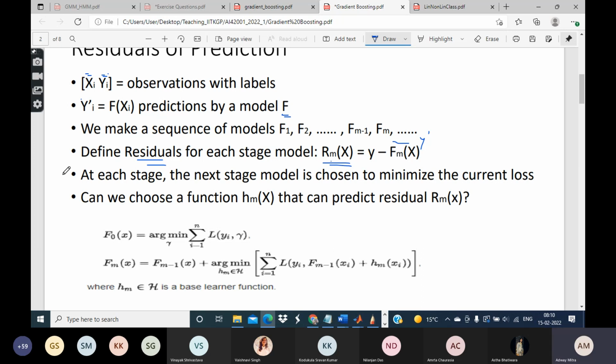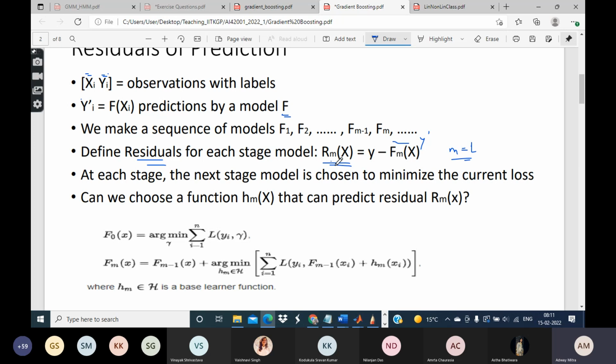Now suppose somehow I have reached till Fm. This Fm model has been given to me. If you want, you can consider m equal to 1 initially. That means we initially have got some model F, maybe some very simple model. Maybe it just predicts the mean of all the y's in the training set.